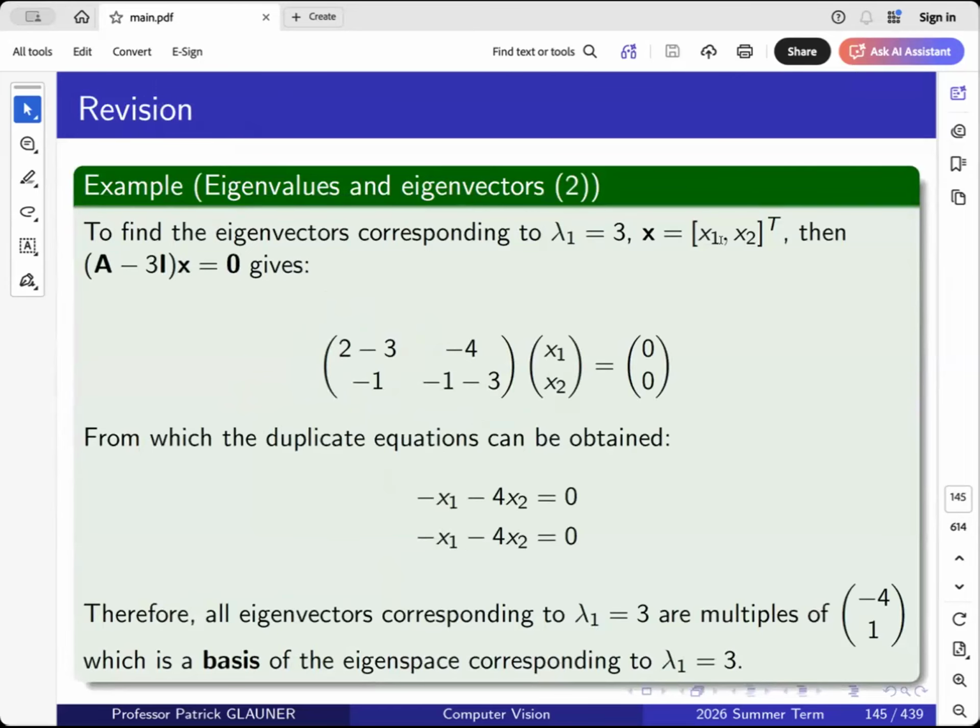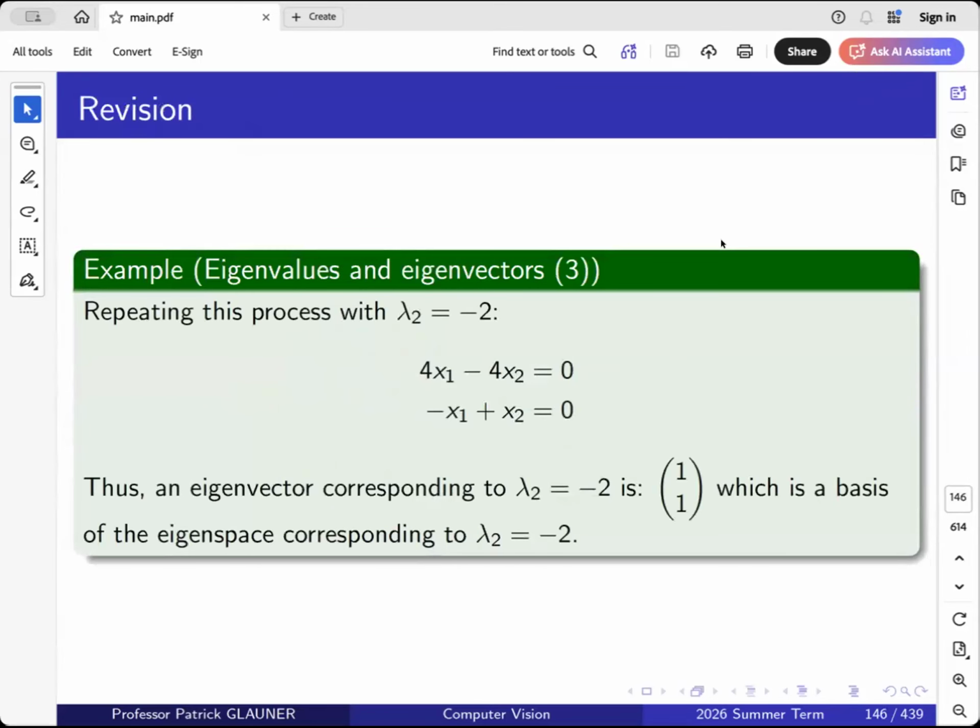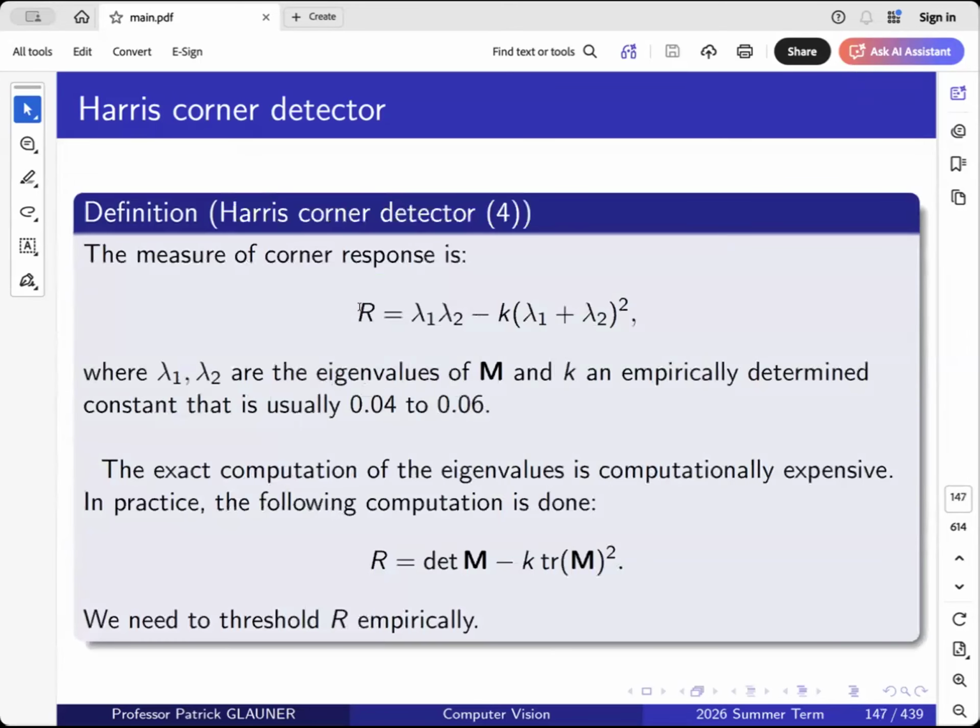So we have a window somewhere as before in our pixels, and for that window, we calculate the corner response R. And obviously, the window will be placed throughout the image later, not just in some region.